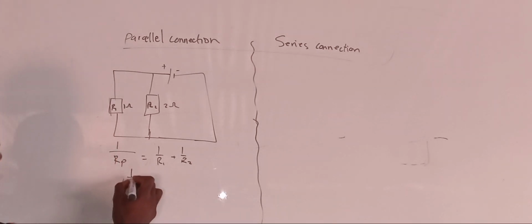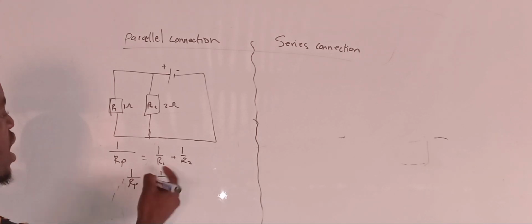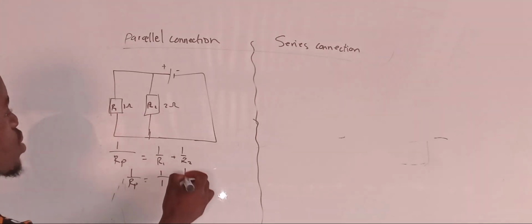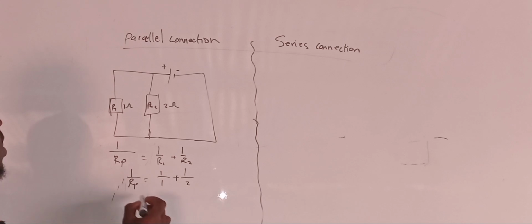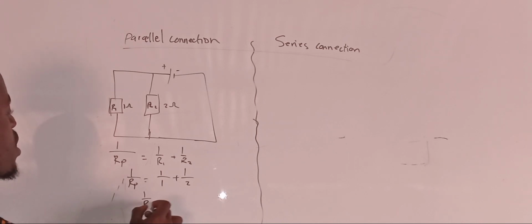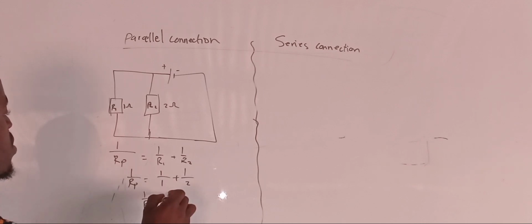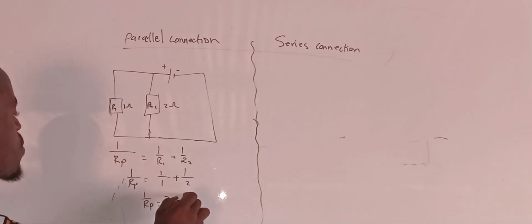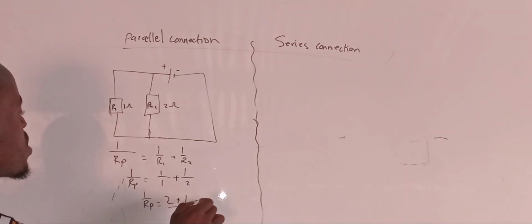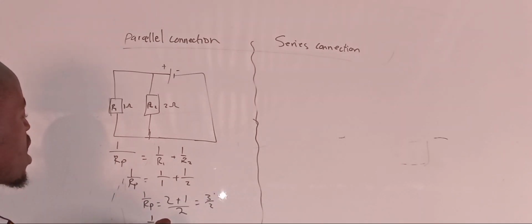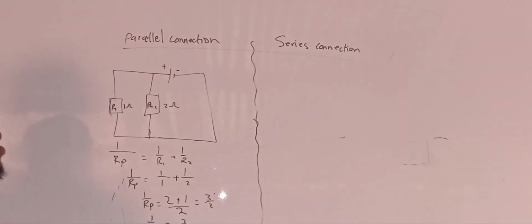You write 1 over Rp equals 1 over R1, which is 1 ohm, plus 1 over R2, which is 2 ohms. Then 1 over Rp equals, since I don't have a calculator, punch it in your calculator. It will be 2 plus 1 over 2, which is 3 over 2. So the calculator will give you this. Now it will be 1 over Rp equals 3 over 2. Then what you must do is reciprocate this fraction.